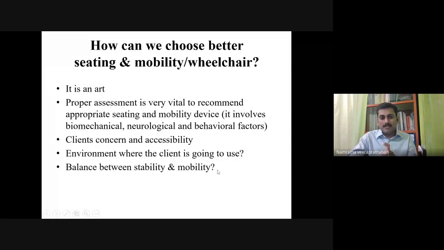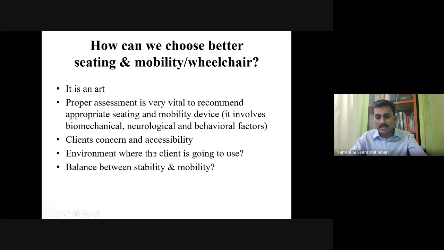Do you want an independent wheelchair or a dependent wheelchair? If you choose an independent wheelchair, how can I improve his posture? If you go for a dependent wheelchair, is there any way of improving functions? So you always think about this, keep your options open. Don't take a decision immediately. As I said in the first point, it is an art.